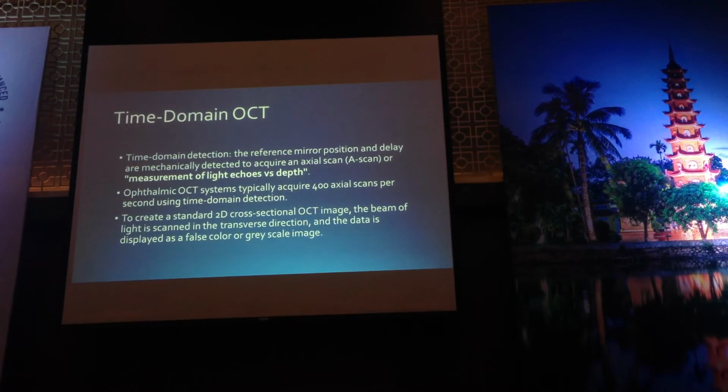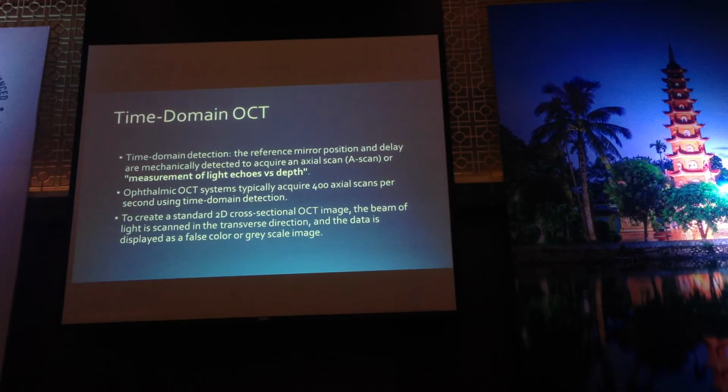This is a kind of magnitude, and this is the kind of time delay. And normally, typically, the ophthalmic OCT systems acquire like 400 axial scans per second, using time domain detection. At the time that we used the time domain OCT, this 400 axial scans was fast already to have quite a nice image for monitoring disease or for diagnosis of disease.